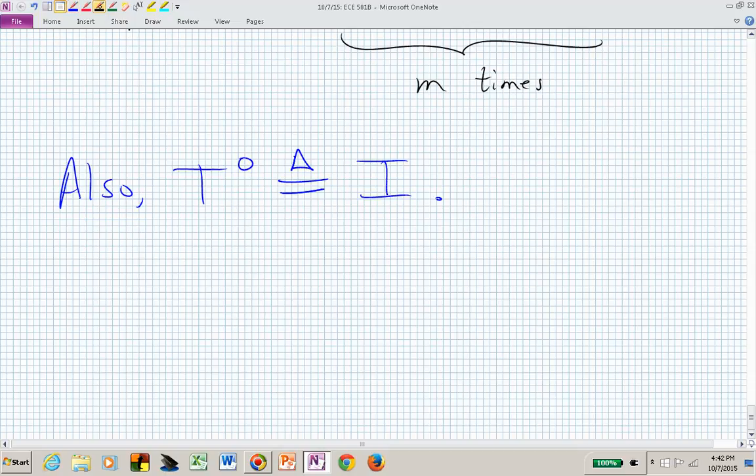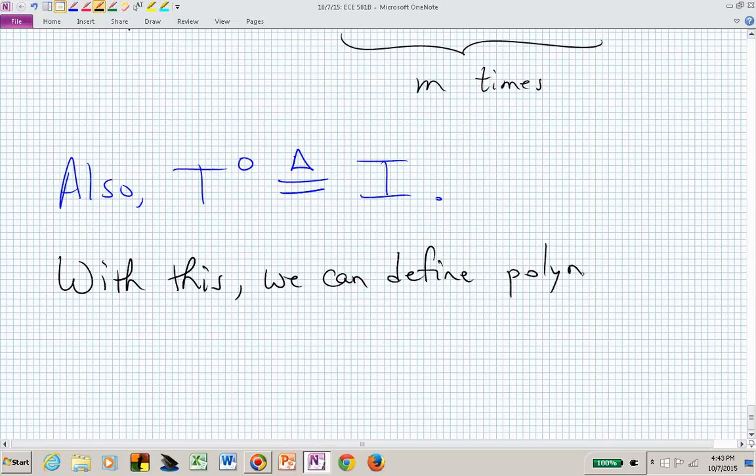Now, with this definition of linear maps to powers, we can take T to the 0, T to the 1, T to the m. Let's now use that. We can define polynomials of operators.